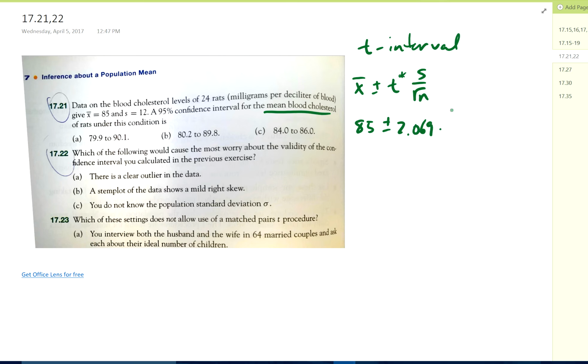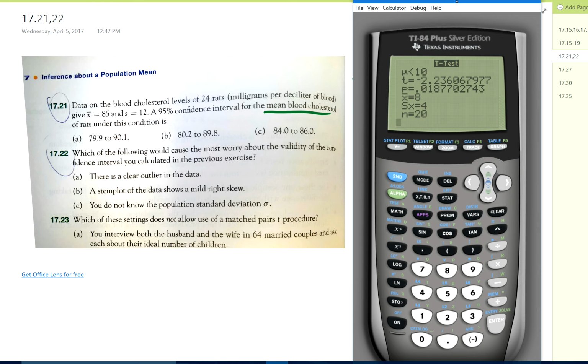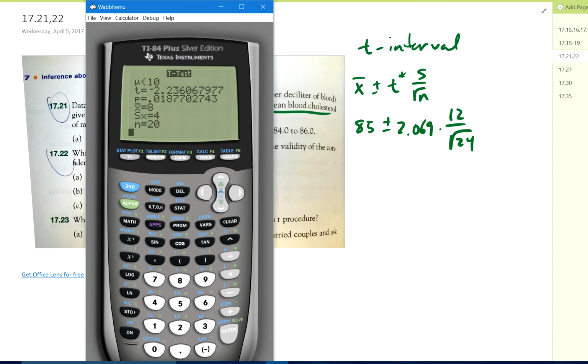2.069 times 12 over the square root of 24. I can do that by hand, but I want to do that on my calculator, which is absolutely fine. So stat, tests, T interval, enter, stats.